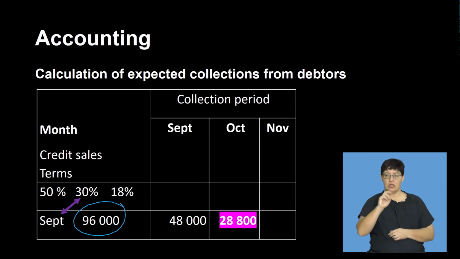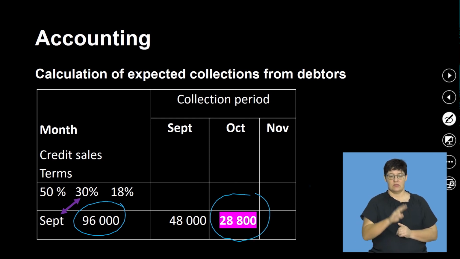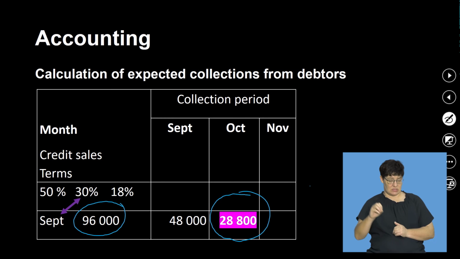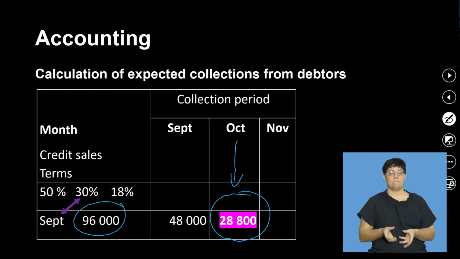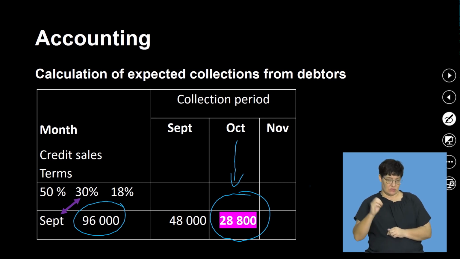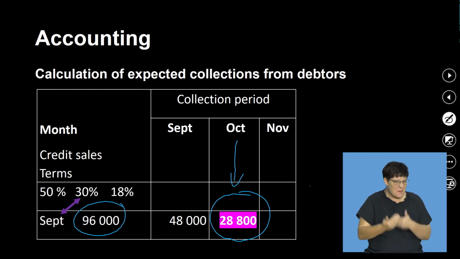There's your 28,800. You can see that of your September credit sale, 30% will pay you in October. So in the month of October, you've got your 28,800. Can you see? Are you getting a pattern? Are you getting the flow of things? You should be at this stage.